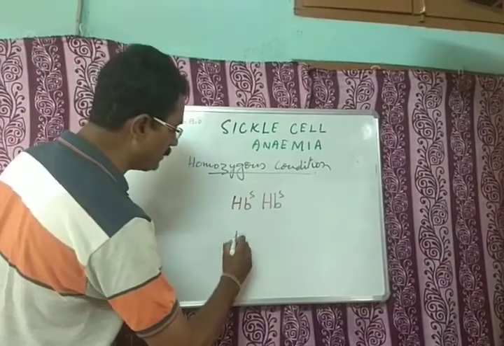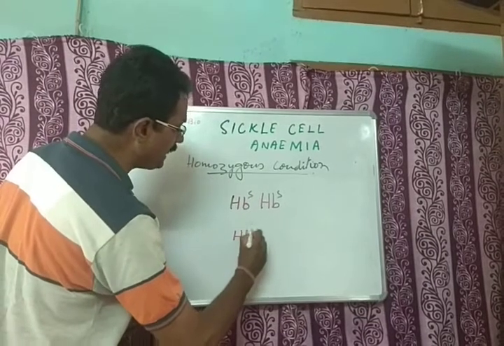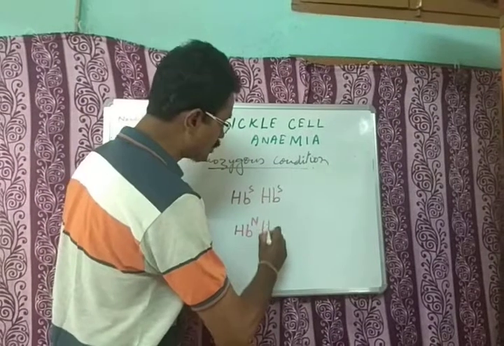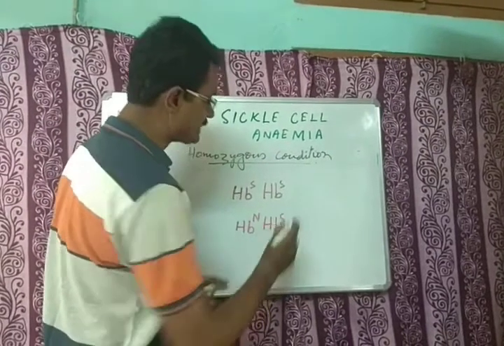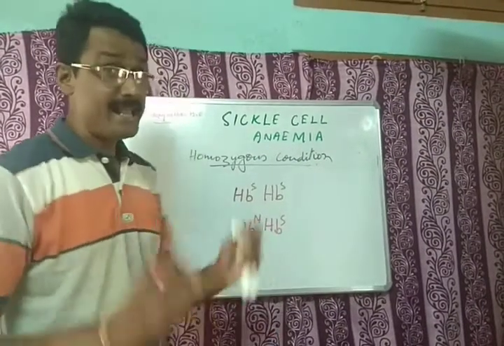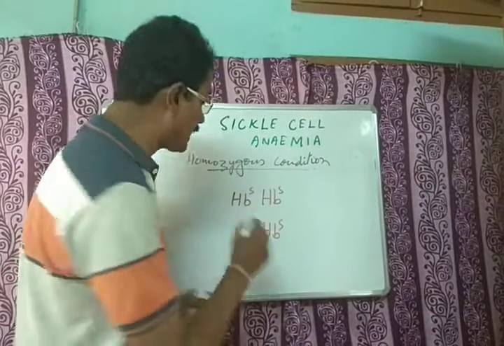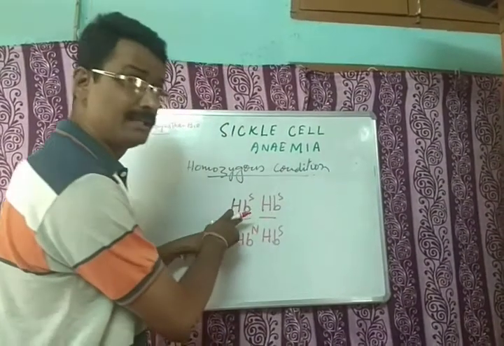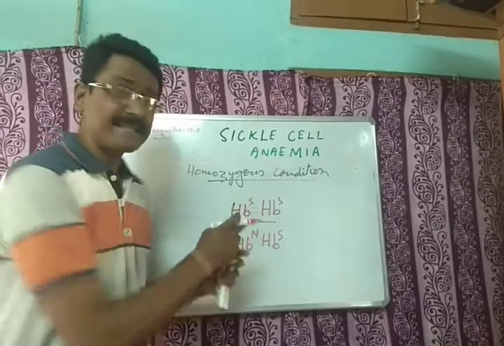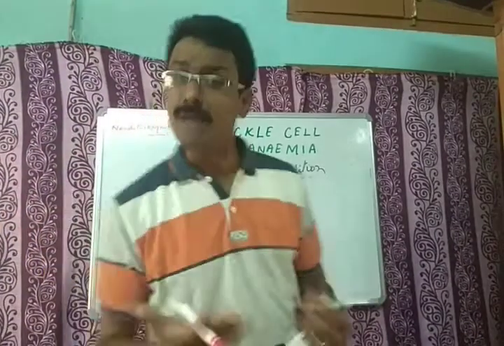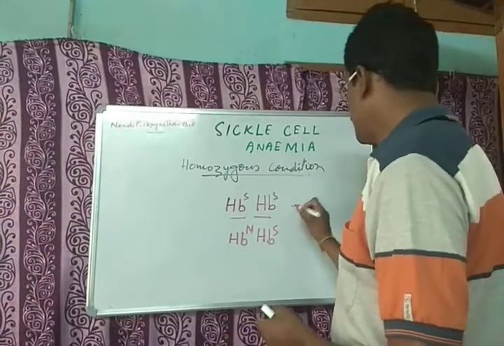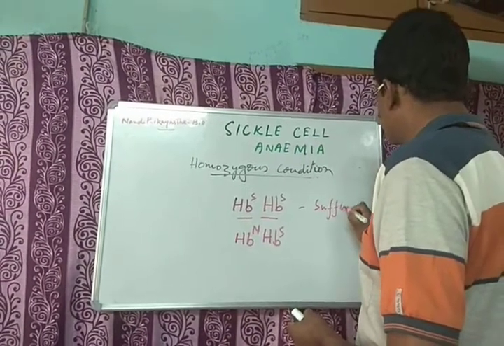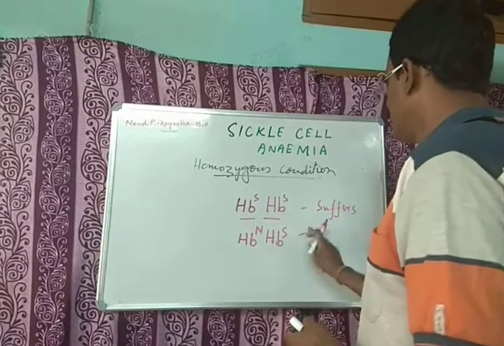Heterozygous condition will be HBN, which is normal, and HBS. It is recessive. So it needs to be two of HBS and HBS coming together. Then the person suffers.